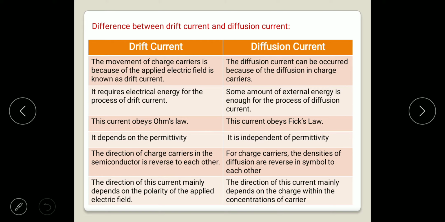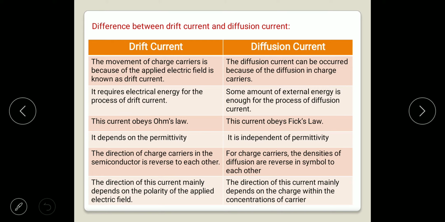Next, the direction of the charge carriers in the semiconductor is reverse to each other, where for the charge carriers the densities of the diffusion are reverse in sign to each other, because we see here a higher concentration level and a lower concentration level.